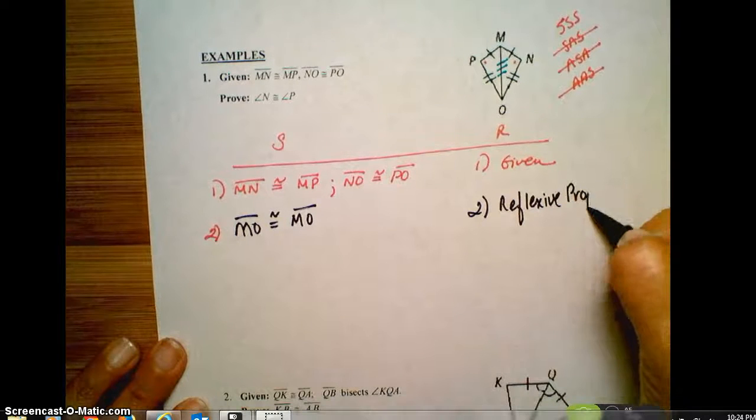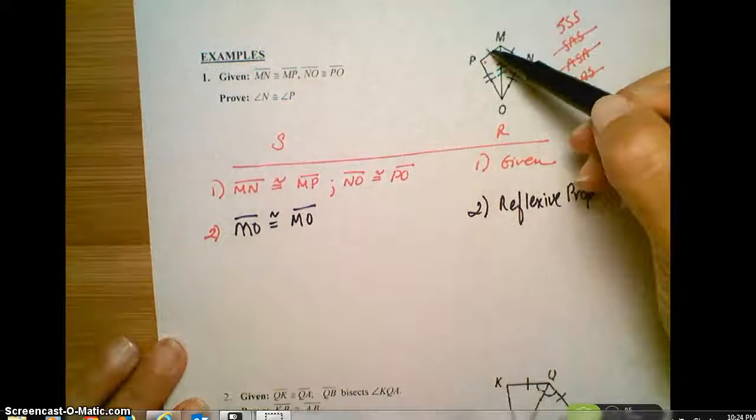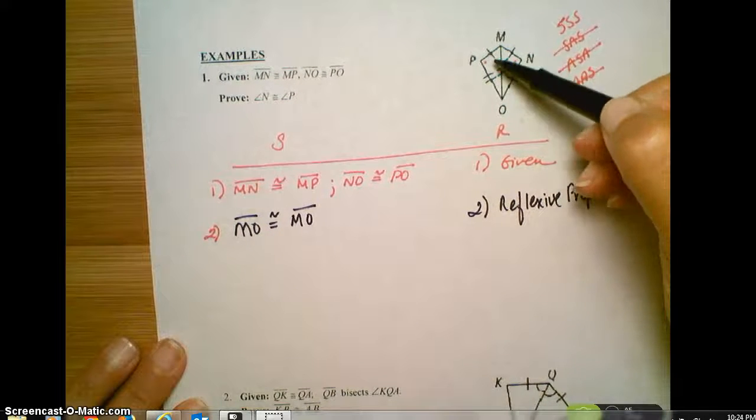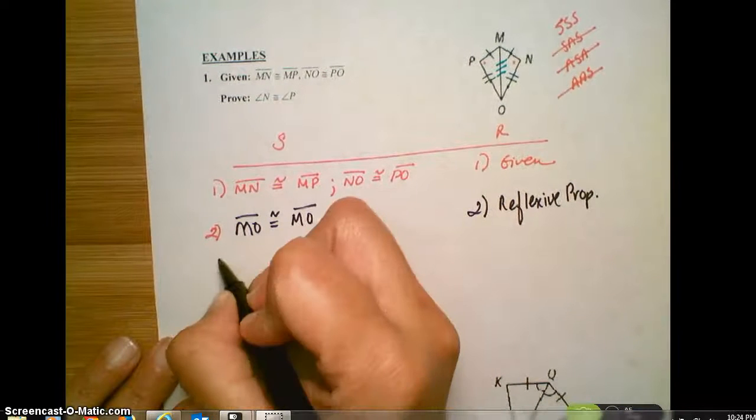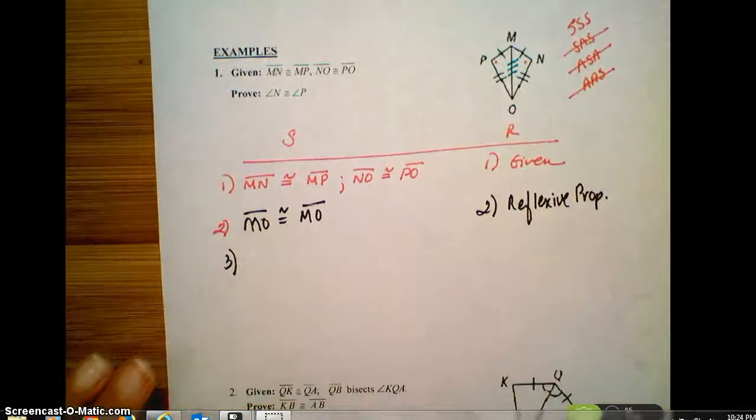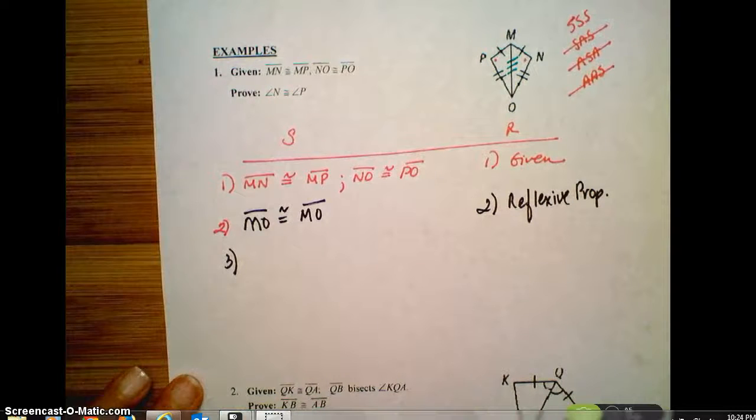Now, if you take a look at the markings in your picture, you have the three sides of one triangle marked congruent to the three sides of another triangle, and so we can go ahead and make the congruent statement. Why don't you go ahead, stop the video, and see if you can write the proper congruent statement.